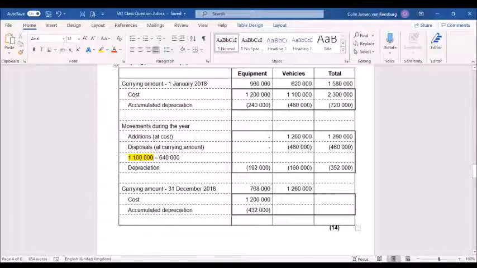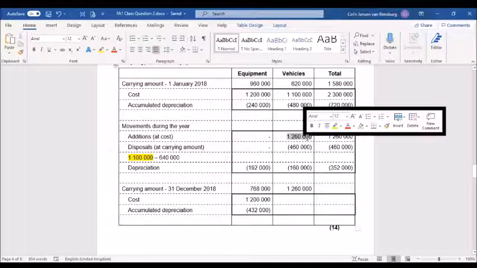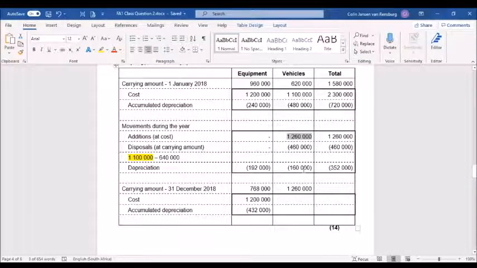What did we add to the cost? We added 1,260,000 to the cost, and then the depreciation doesn't affect the cost, it only affects the accumulated depreciation.